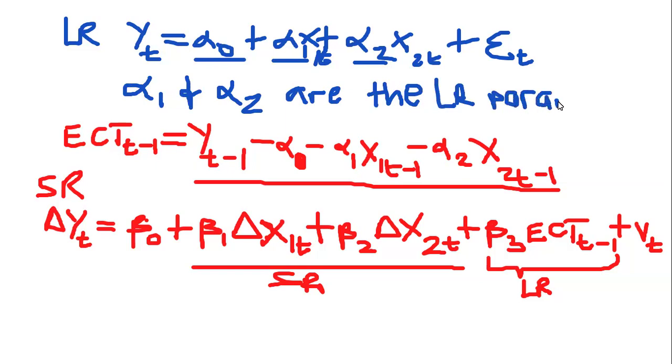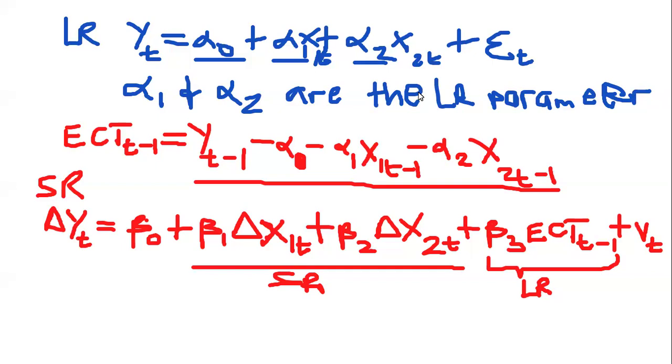Okay. Then I went on to say that before you apply the co-integration and error correction methodology, you are supposed to test all your variables for non-stationarity. All your variables are supposed to be non-stationary in levels, and they should become stationary after first differencing.